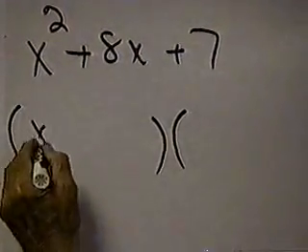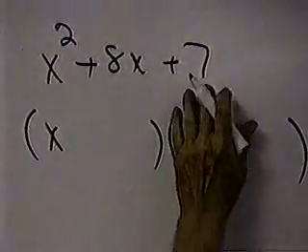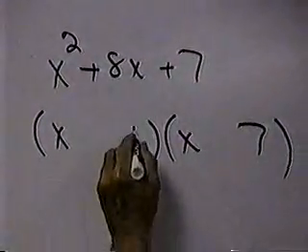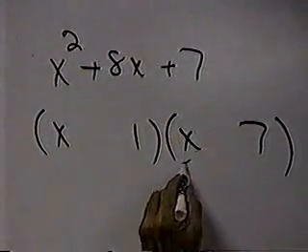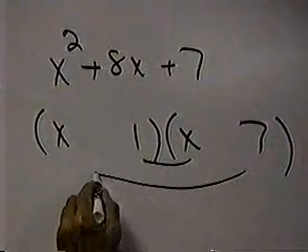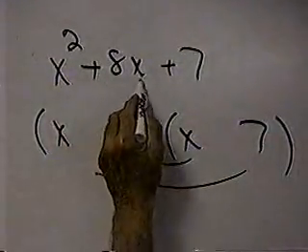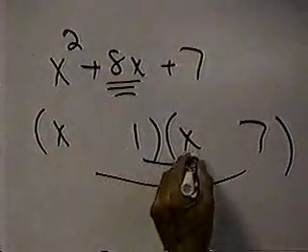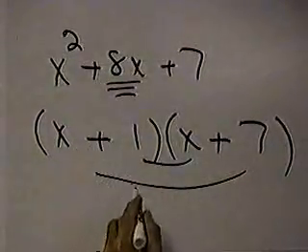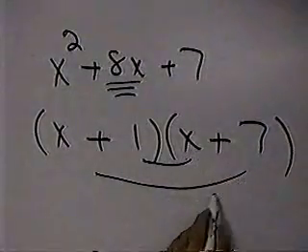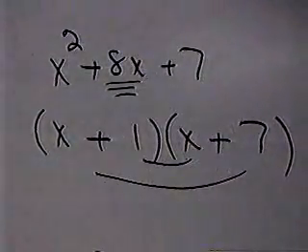Factors of this, x and x. Factors of this, 7 and 1. And then this added to this must add up to the middle term. And it does. If I put a plus there and a plus there, that's a plus 1x, plus 7x, checks.